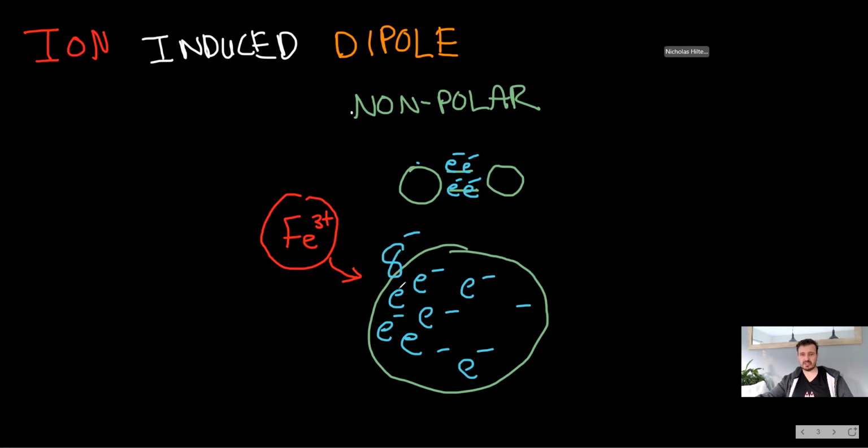And so we have this induced dipole. Okay, so we have the concentration of electrons on one side of the molecule. And so this side then becomes positive.